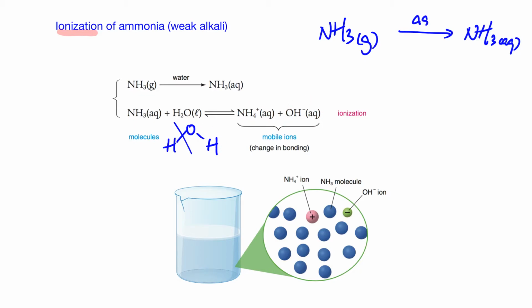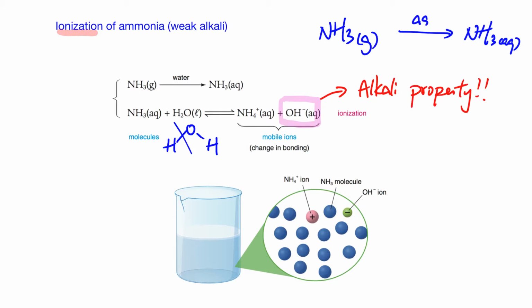So this is what happens when we put ammonia gas into the water. It reacts with the water molecule, gets the H, becomes NH4 plus, and leaves OH minus behind. This OH minus left behind brings about the alkaline properties.